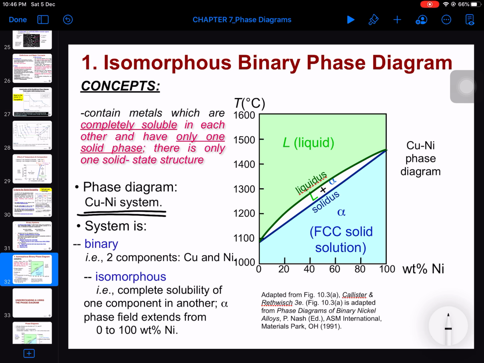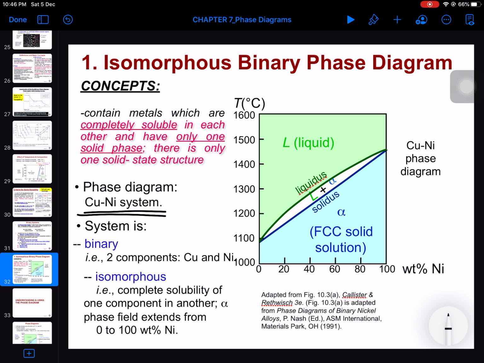The phase diagram of copper nickel looks like this, in the figure on your right hand side. It's binary because it's made of 2 components, copper and nickel. And it's isomorphous because it's completely soluble in each other, so there's no solubility limit.